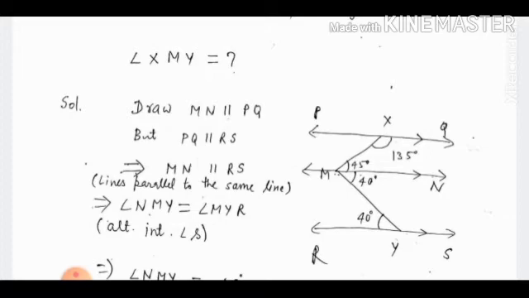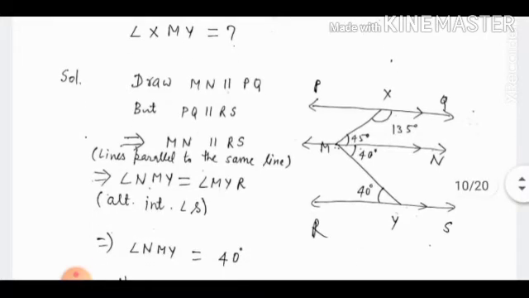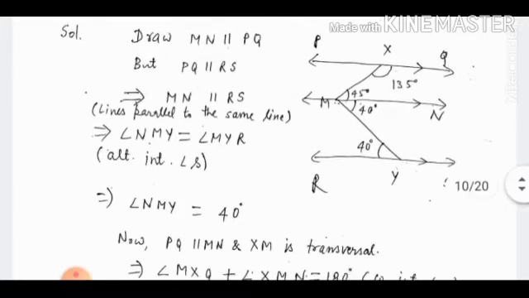This implies that angle NMY is equal to angle MYR because they are alternate interior angles. So angle NMY is equal to 40 degrees. Now PQ is parallel to MN and XM is the transversal.